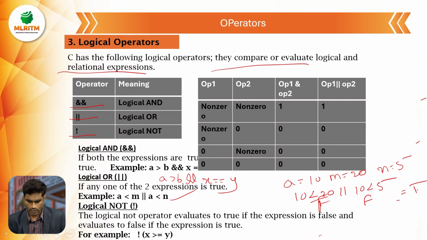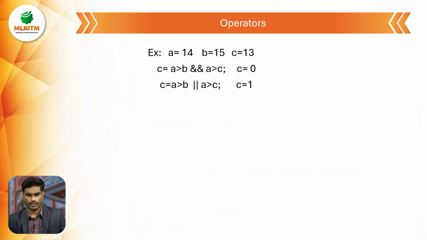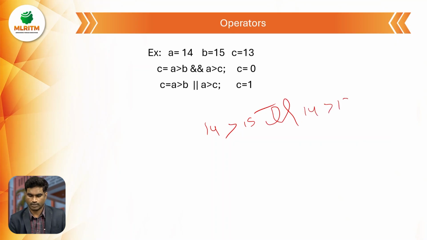Next one is the logical not operator. It evaluates to true if the expression is false, and evaluates to false if the expression is true. Here we are taking one example, A equal to 14, B equal to 15, C equal to 13. What is the A value? 14. 14 greater than 15, and next 14 greater than 13.